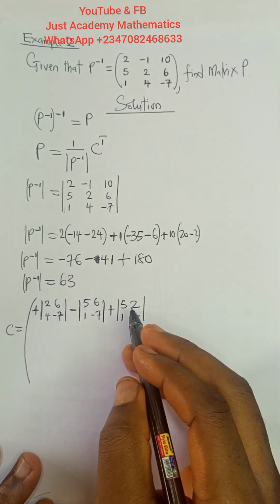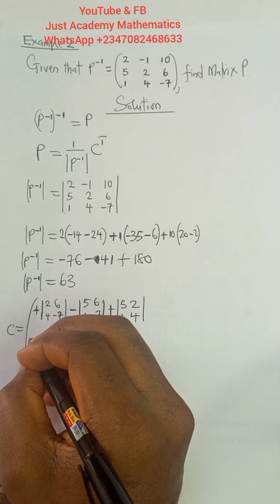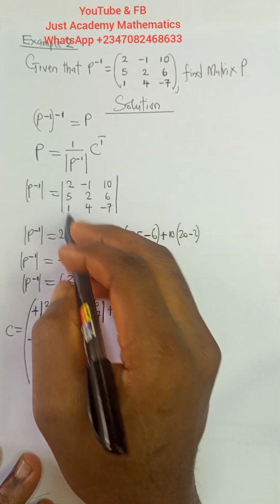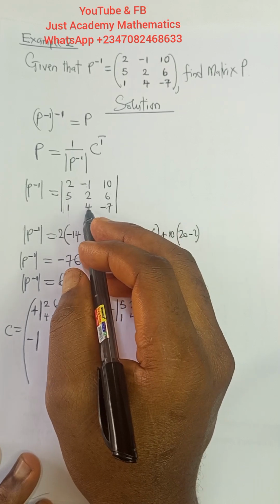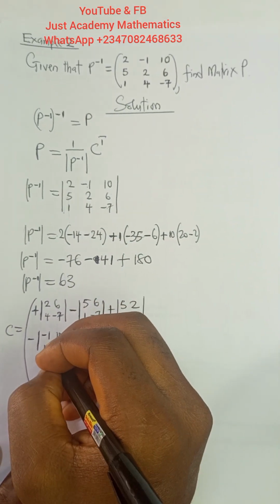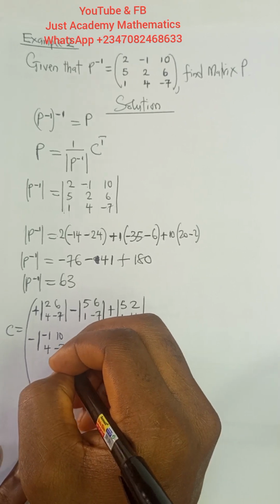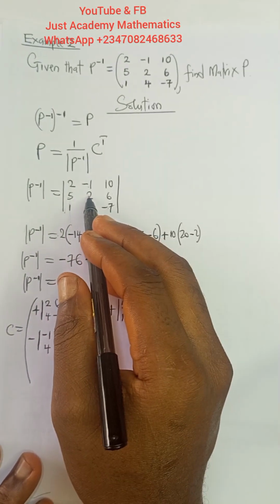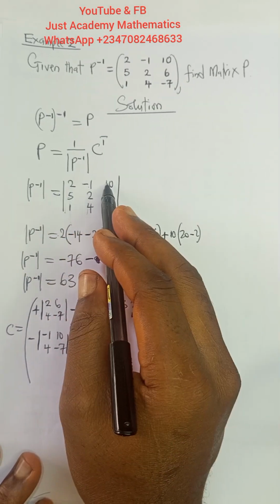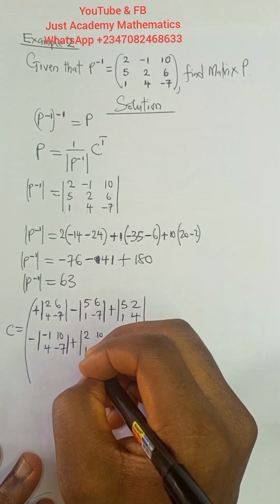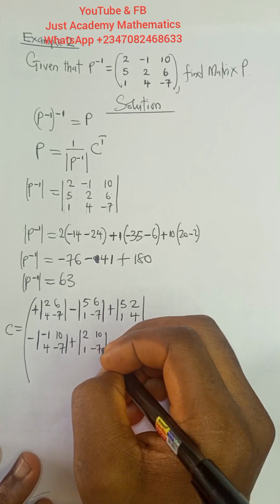So plus, minus, plus. Then we'll start with minus here, out: minus 1, 10, 4, minus 7. Then we have plus here, out: 2, 10, 1, minus 7.